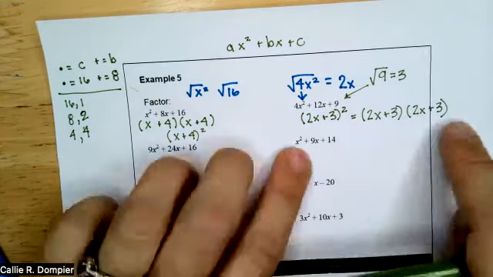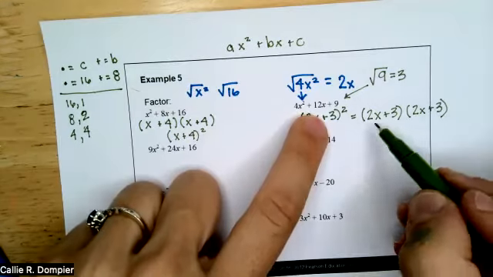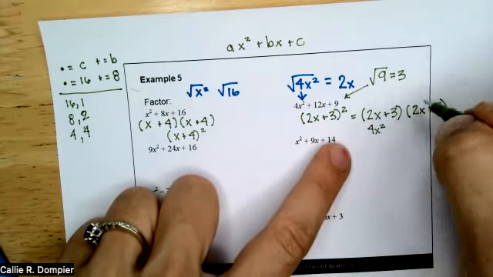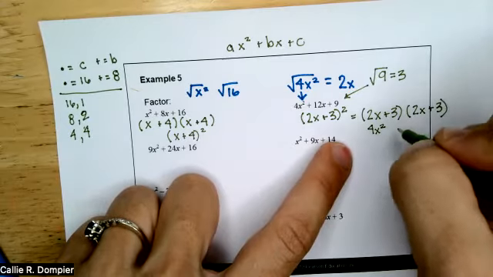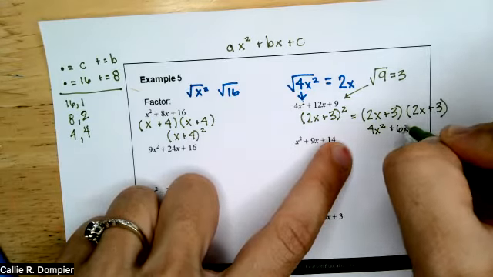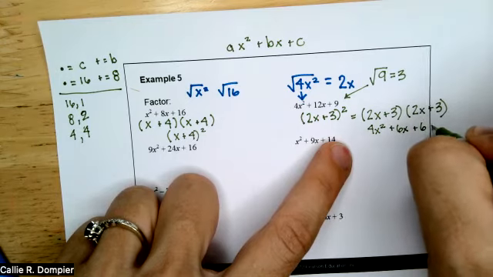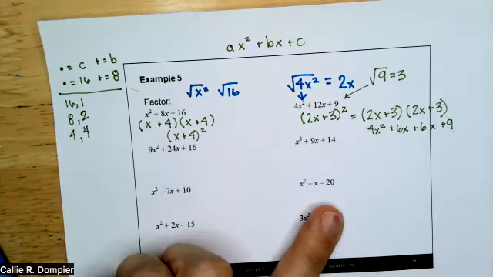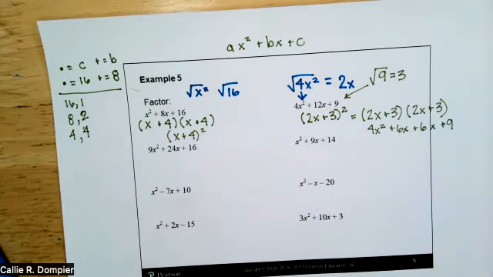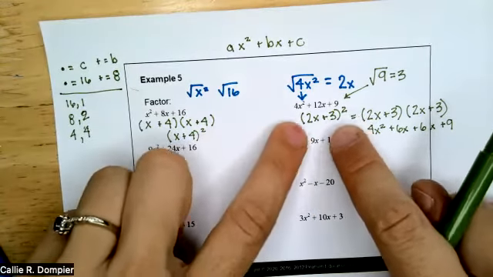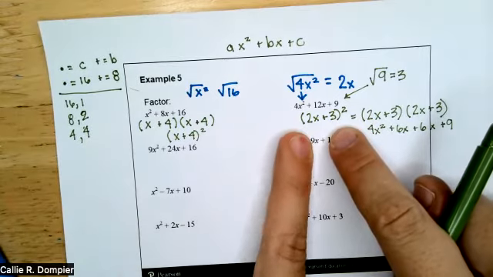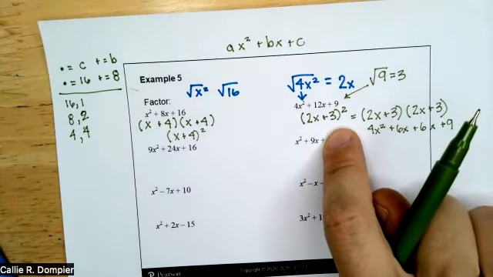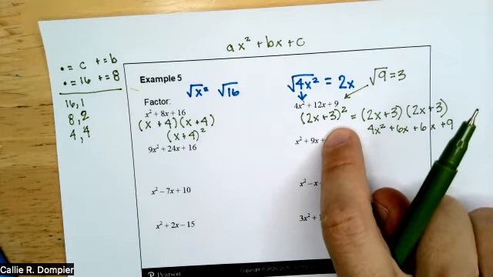You're gonna have to FOIL it out to make sure that it adds up to 12, because 2x times 2x will give you the 4x squared. 2x times 3 will give you 6x. 3 times 2x will give you 6x. 3 times 3 will give you 9. So that one's okay. So if you have perfect squares on the ends, you can try just making it into those perfect squares squared.